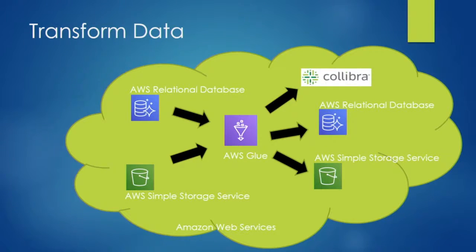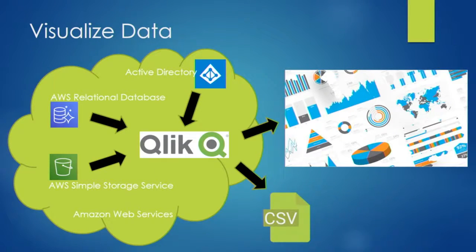Metadata about that output is again stored in Calibra and in the Hive metadata system, and then stored in the output either relational database or AWS simple storage service. And then that data is available to the visualization system.